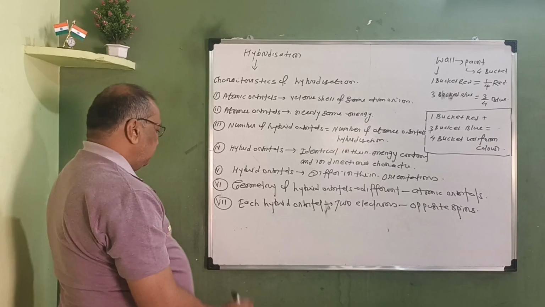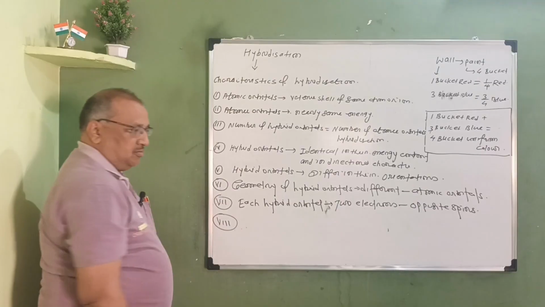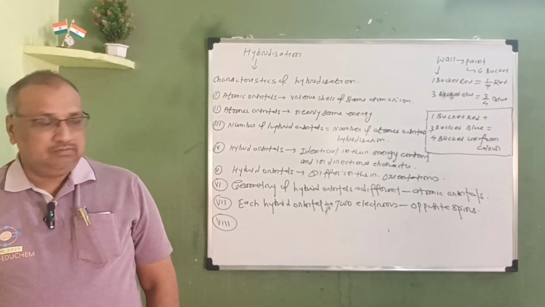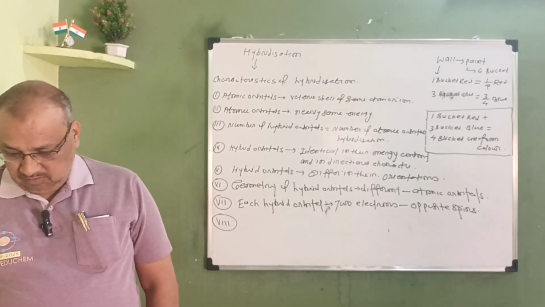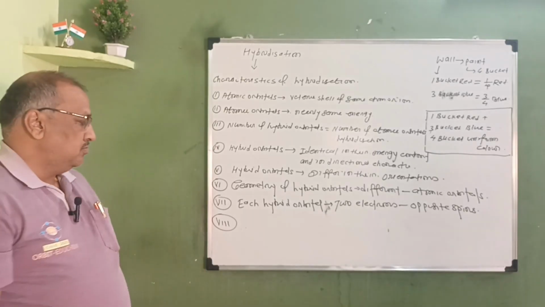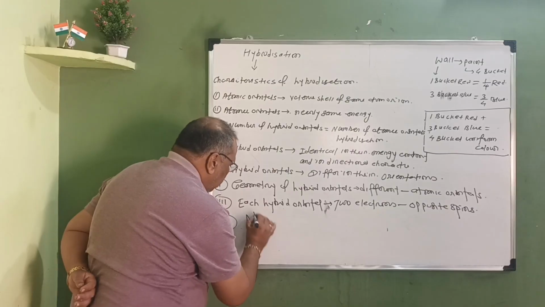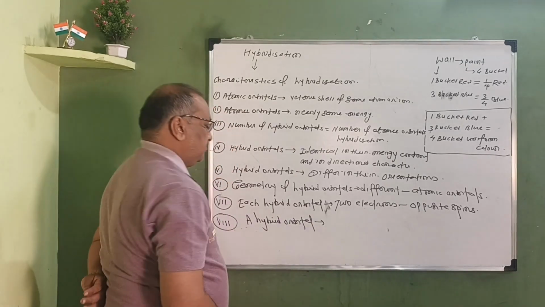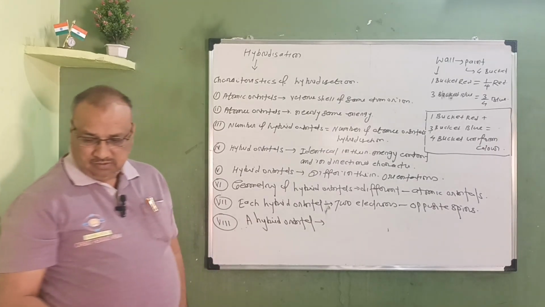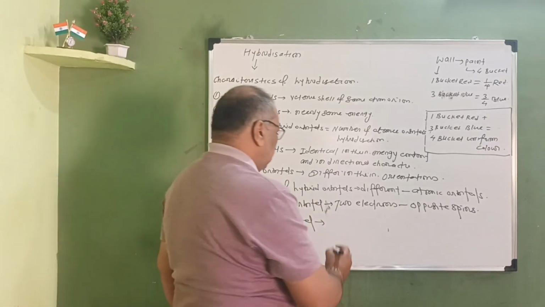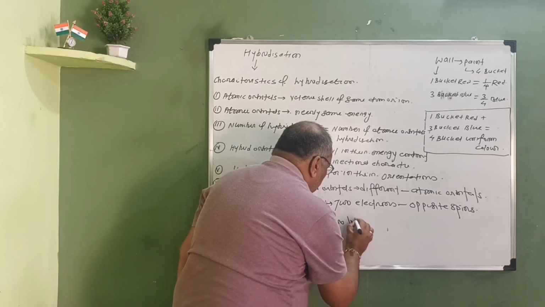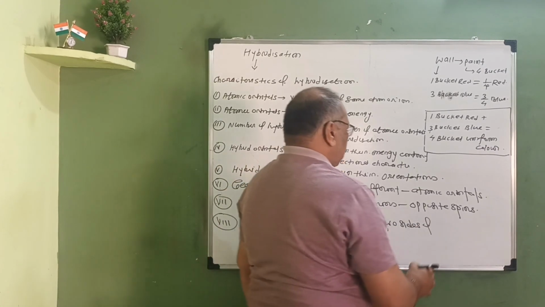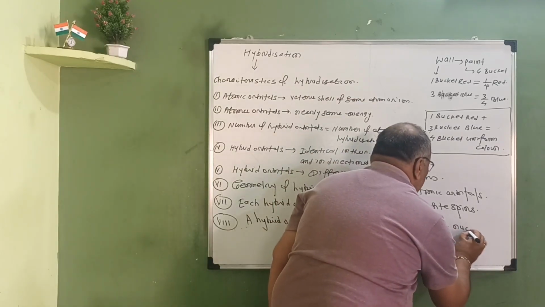Then next, a hybrid orbital has 2 lobes on the 2 sides of the nucleus.